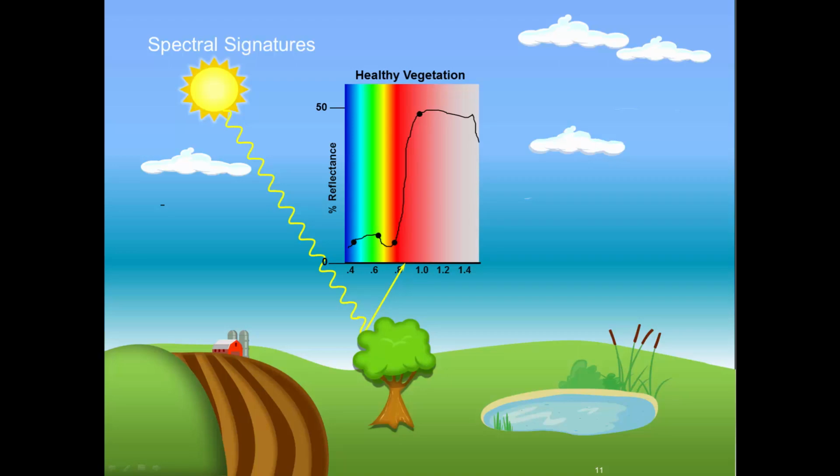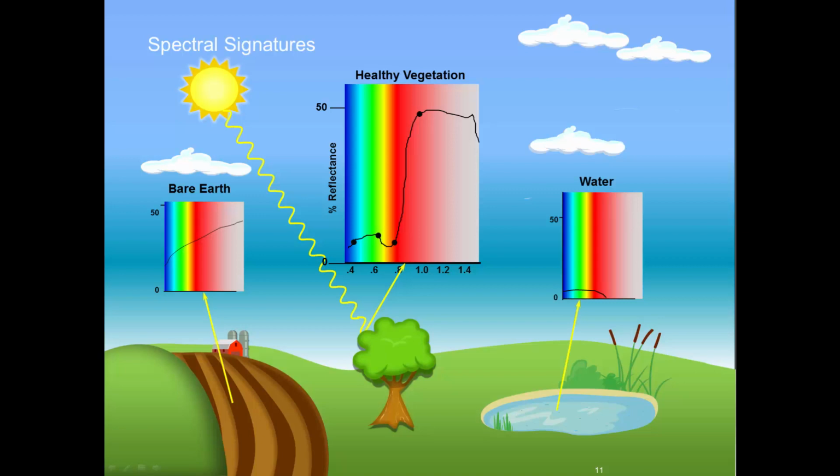When we look outside the visible spectrum, there is a relatively high reflectance in the near-infrared. Knowing this allows us to use this information to detect and study vegetation. Other targets also have characteristic spectral signatures. Water absorbs a lot of energy and therefore has low reflectance in most bands and appears very dark on a multispectral image. Bare Earth tends to have moderate reflectance in most bands and has moderate brightness on an image.